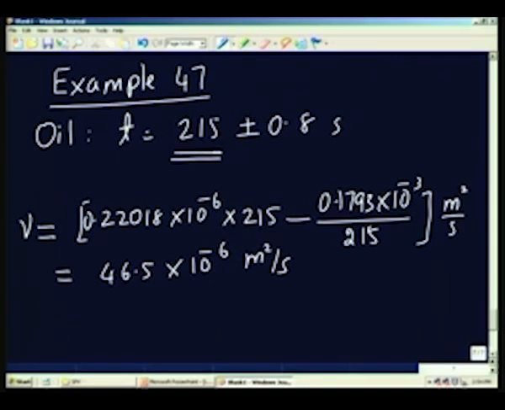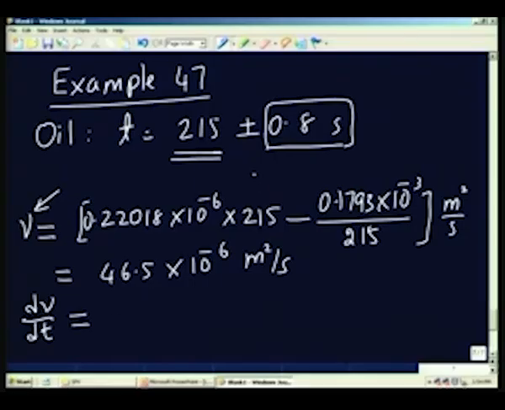Now, because of the uncertainty in the time measurement, I want to determine what is the uncertainty in this one. For that, what I have to do is to find the derivative of nu with respect to time, so d nu by dt.